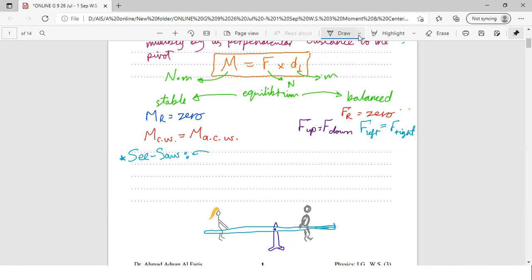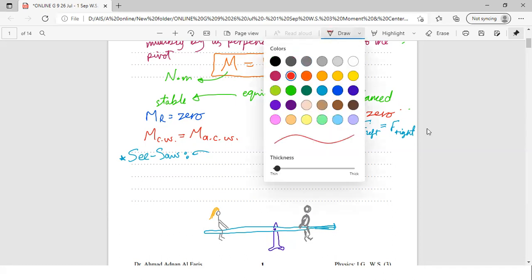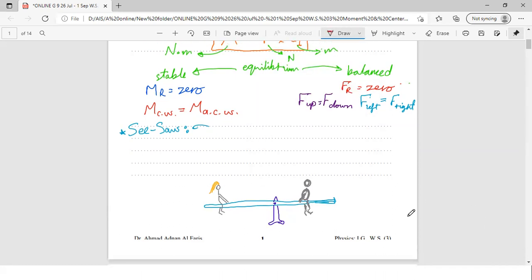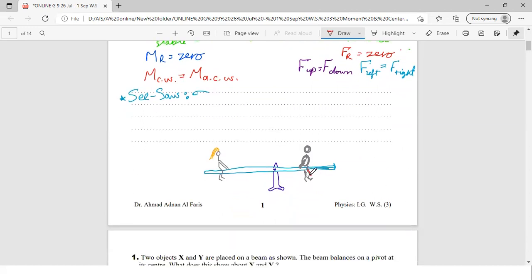Tamam. Now, what are the forces acting here? As you can see, we have my force, my weight, the weight of the boy. And what else? Yes, thank you. We have her weight, the weight of the girl, which is smaller. That's why I put it thinner. And we have the weight of the plank itself, the beam itself, WP.